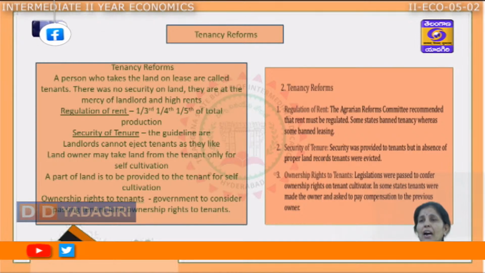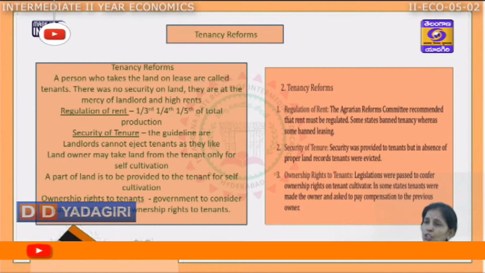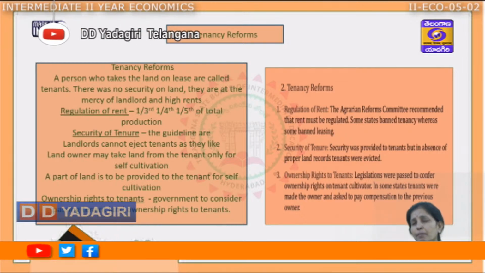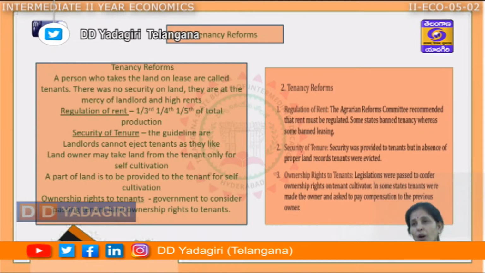to protect our tenants. Under that, they have come out with regulation of rent. Earlier, before the land reforms were implemented, the rent was very, very high. More than 50 to 60% of the total produce was the rent.